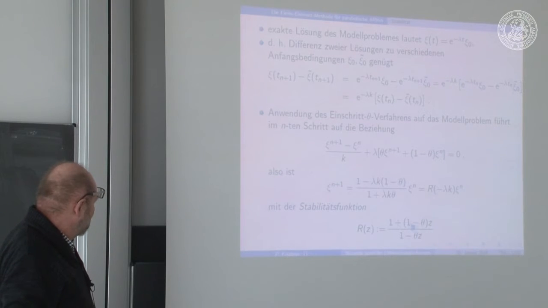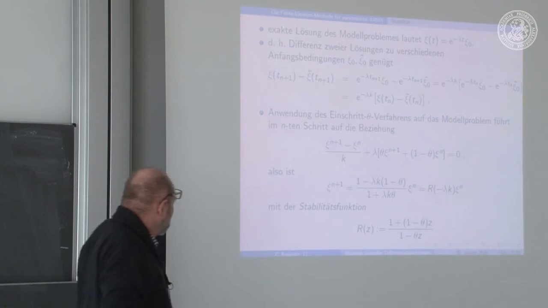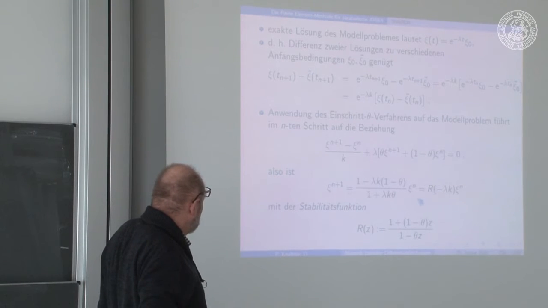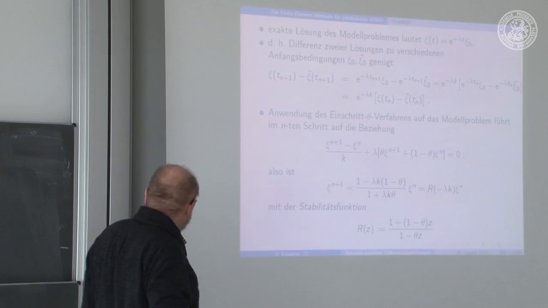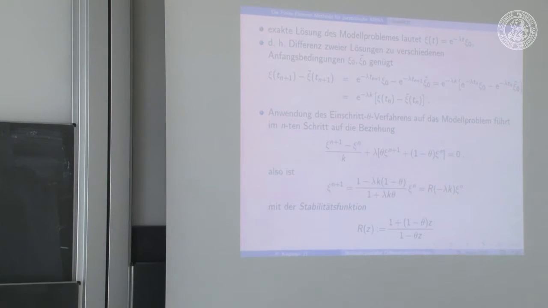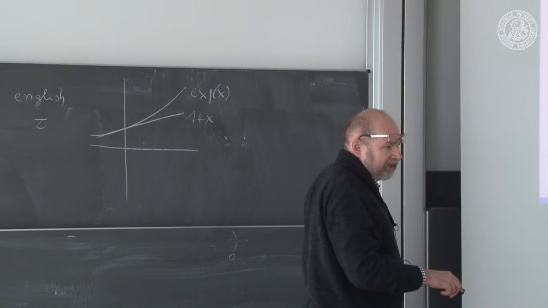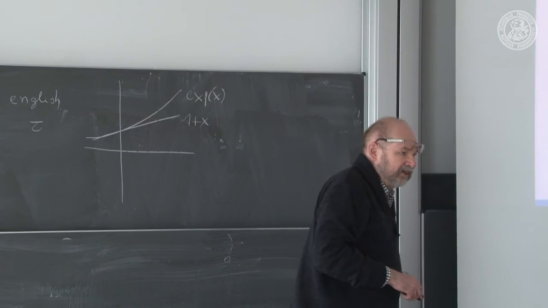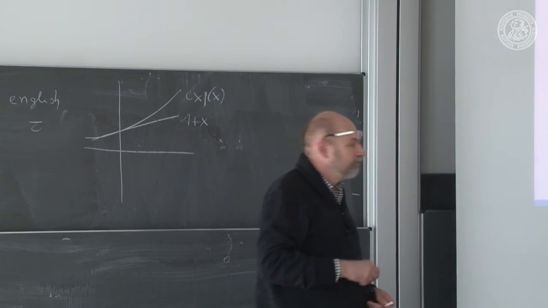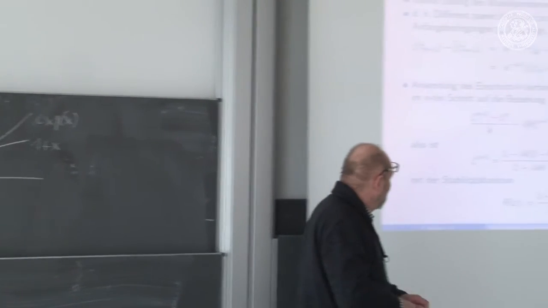Theta equal to 0. Is that correct? Then I have 1 plus z over 1 here. This is the explicit Euler method. And the others then are real rational functions, which we get with the Crank-Nicolson and the implicit Euler method.